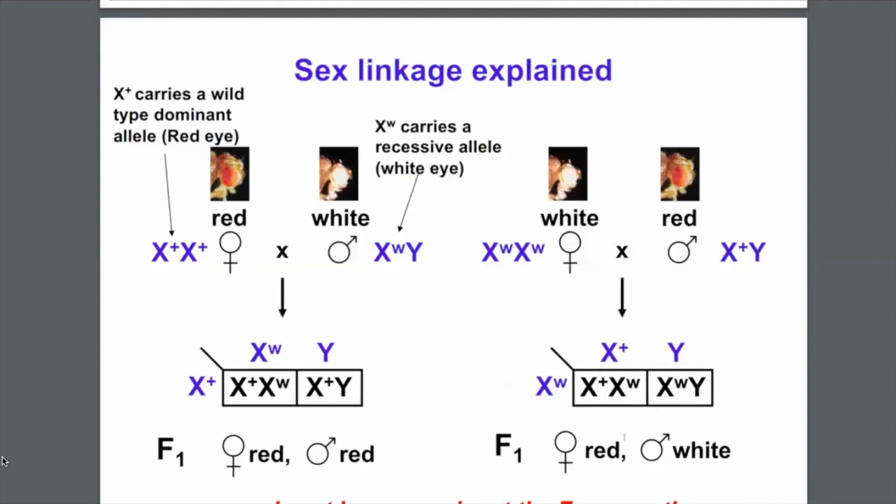So our XX is still going to display the red, while the XWY is going to display the white. And these are going to be the F1s of each reciprocal cross, right? We're crossing a female wild type with a male mutant, and then over here we're crossing a female mutant with the male wild type.